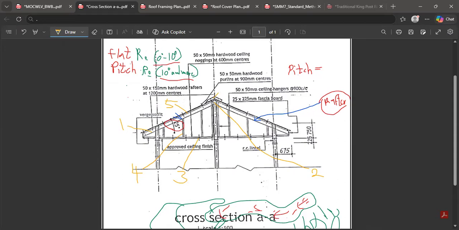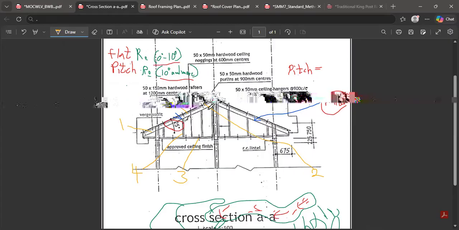Okay, so this is the purlin over here. Let me direct the purlin wall. This is the purlin over there. So I want to now, this is the ridge cap. Okay, so we have to do for the ridge cap too.